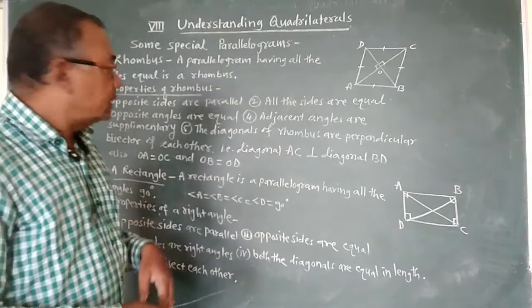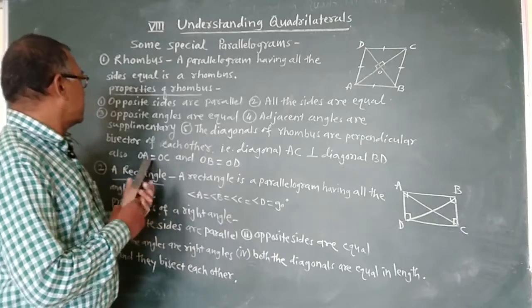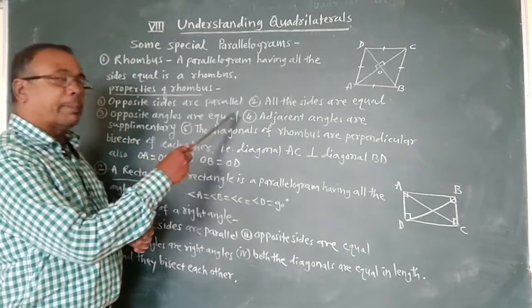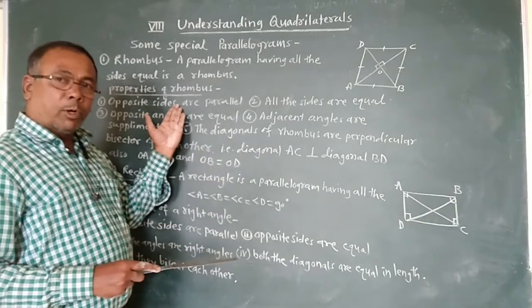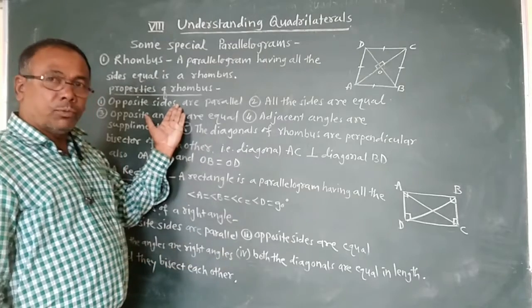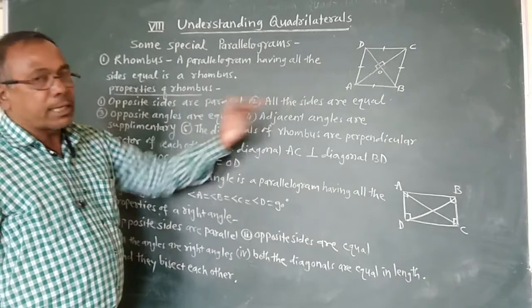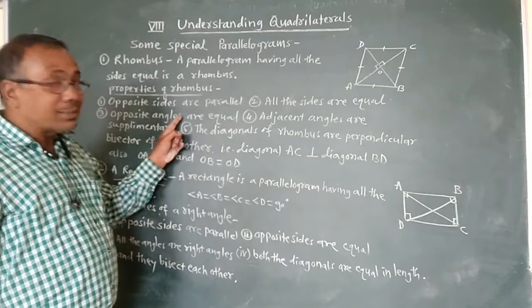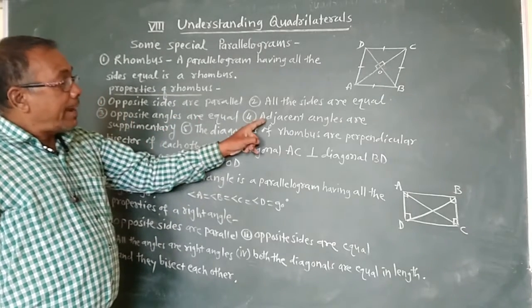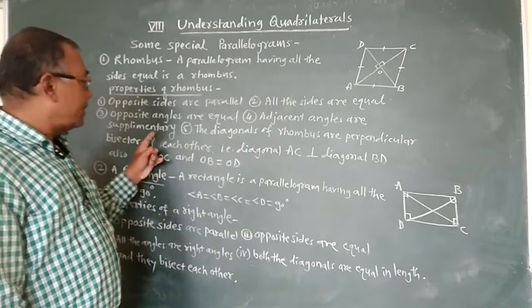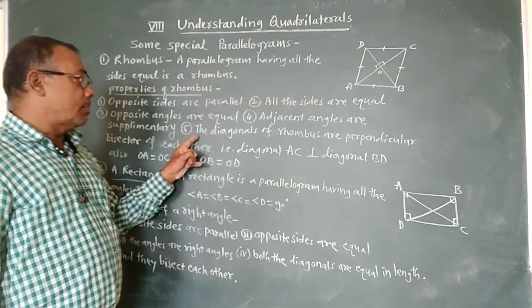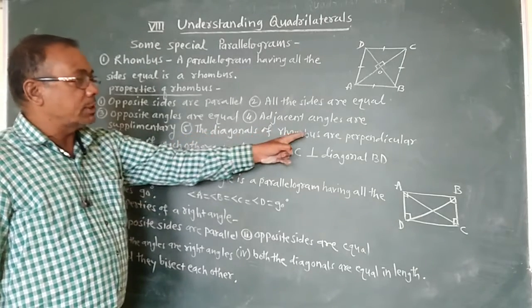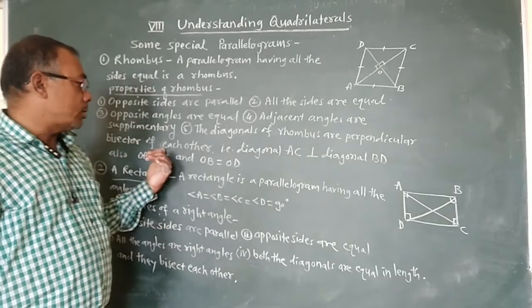So let us see the properties of the rhombus. The first property is that opposite sides are parallel. This is the property of a parallelogram. Just now we have seen all the sides are equal. This is also a property of the parallelogram. Opposite angles are equal. Then adjacent angles are supplementary, and a very important property is that the diagonals of the rhombus are perpendicular bisectors of each other.